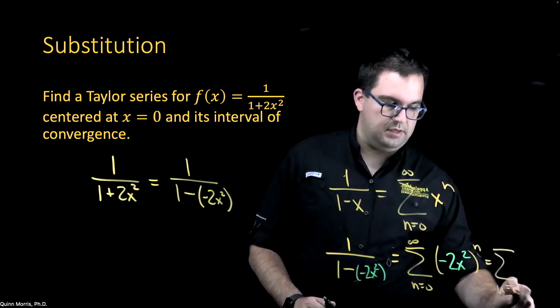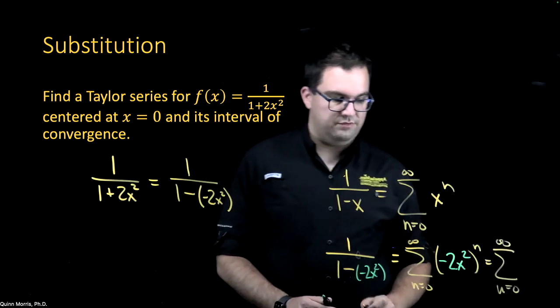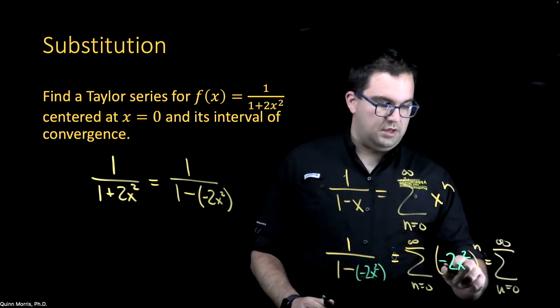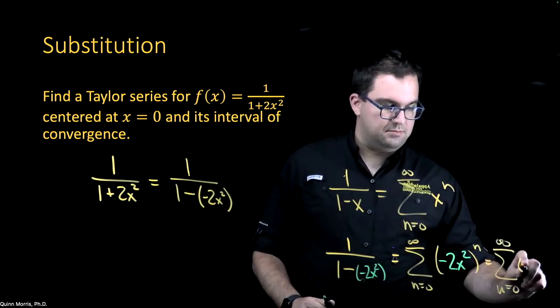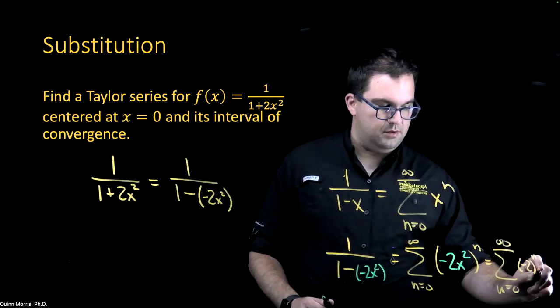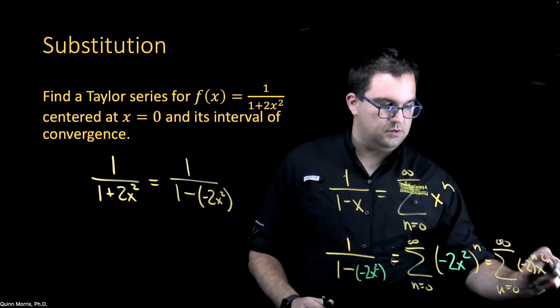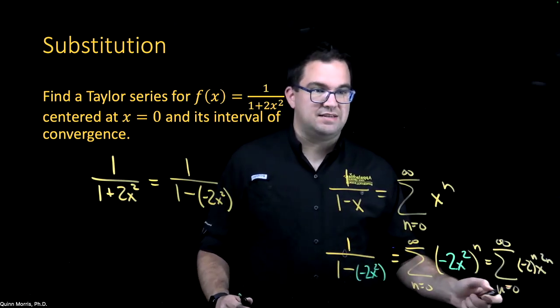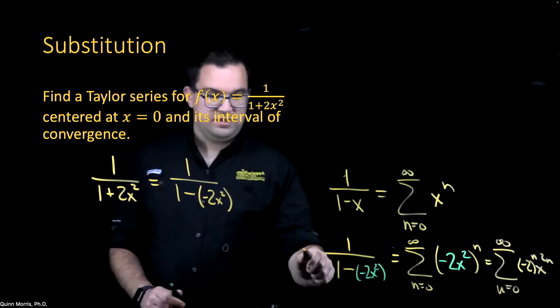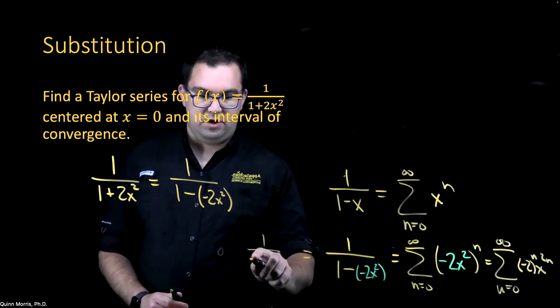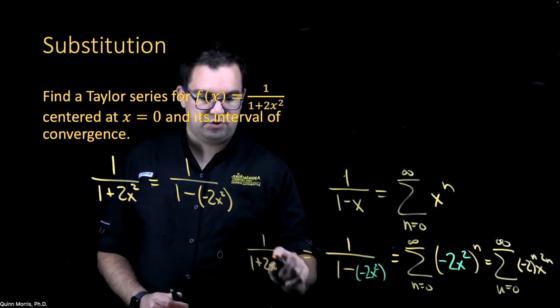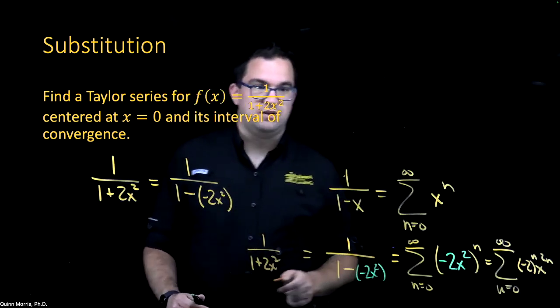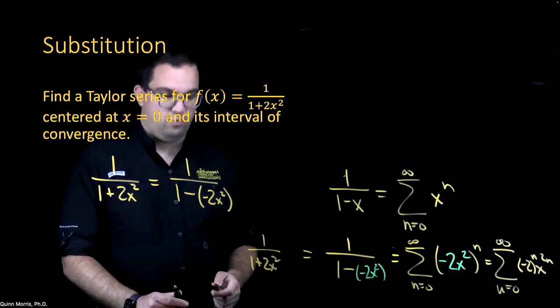This is the sum n equals 0 to infinity of minus 2 to the n times x to the 2n. But now I have a Taylor series for this function, 1 over 1 plus 2x squared, simply based on the fact that I knew the Taylor series for 1 over 1 minus x.